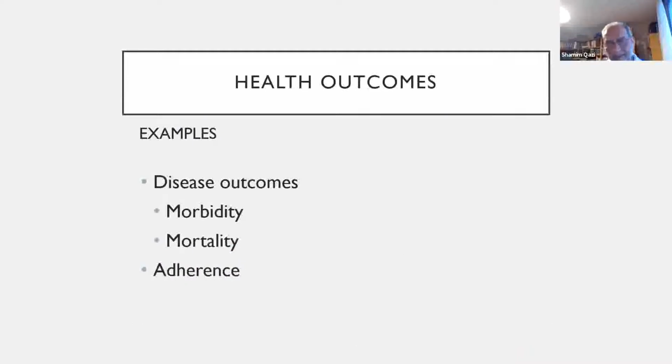Now, apart from these implementation outcomes, obviously health outcomes, because if you're talking about a health intervention, health outcomes, but those mostly come at the end of the research project, like disease outcomes, morbidity, mortality, adherence, depending upon what kind of research project you are doing. For vaccines, you want to see what was the acceptance of vaccines and other things.